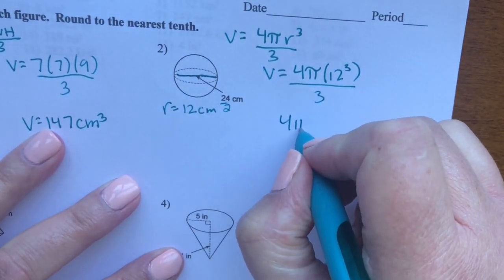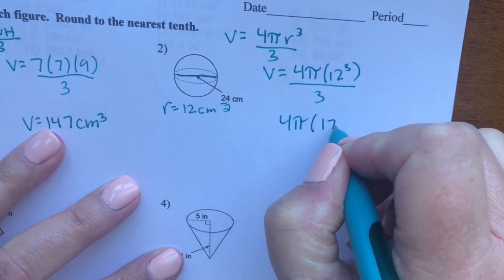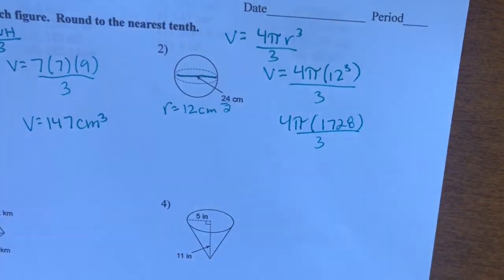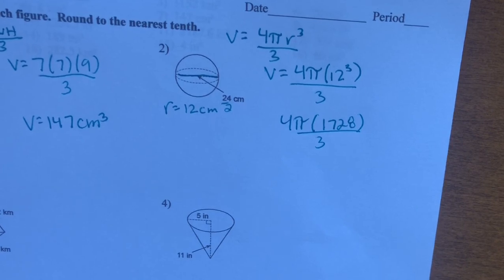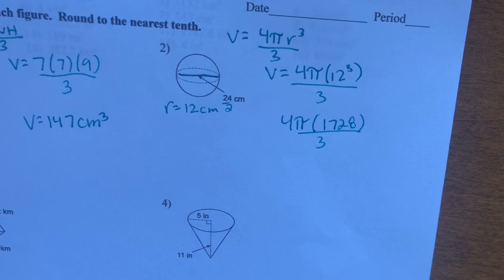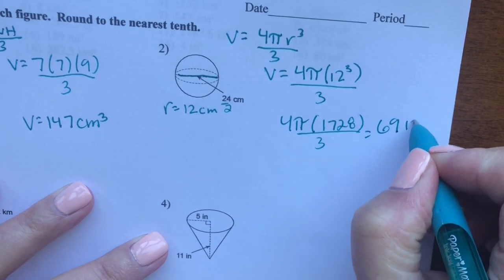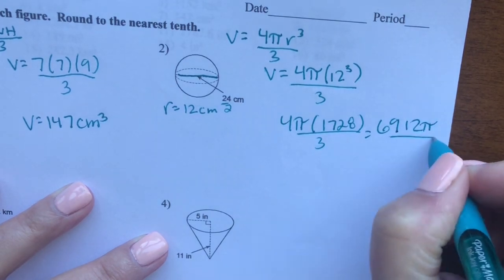So it'd be 4 pi times 1,728 divided by 3, and I'm just going to go, oh, see, now my calculator doesn't have pi. So I'm just going to go 4 times 1728, and I get 6,912 pi divided by 3.